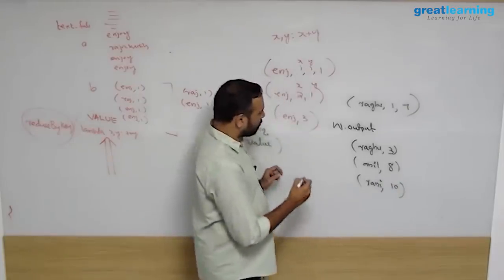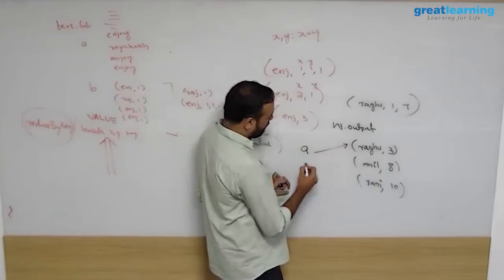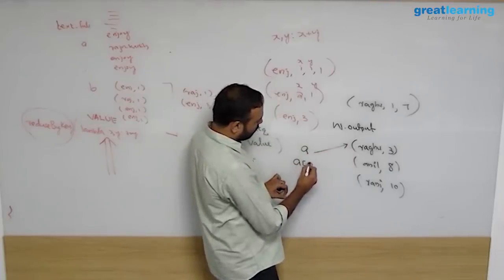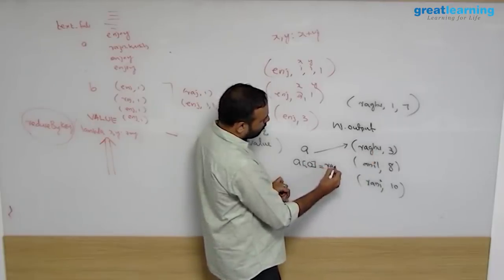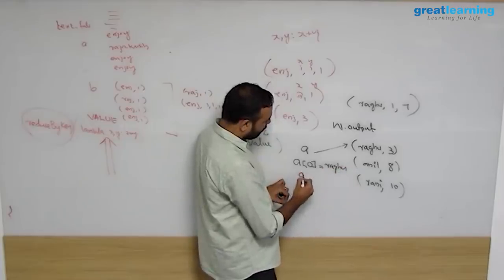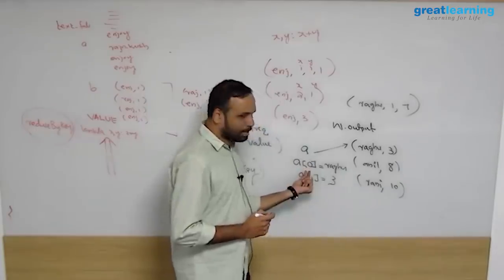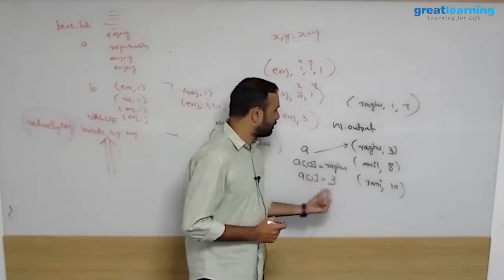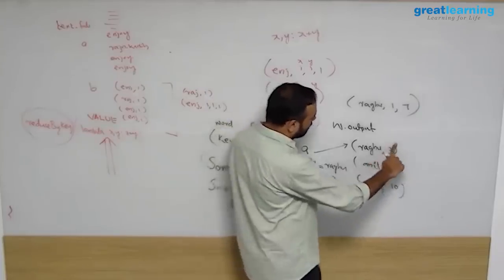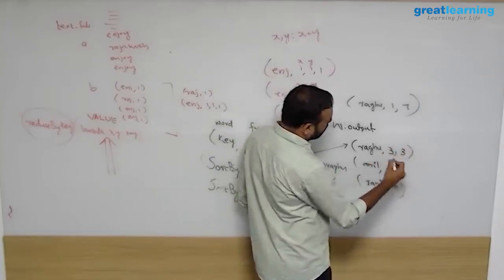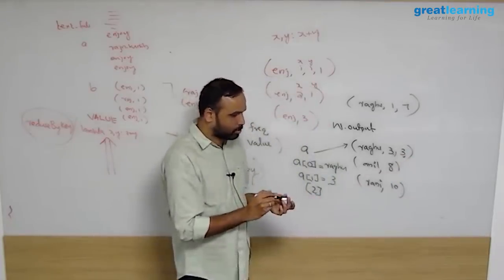When you say A, and when you say A of 0, the first element, that equals Raghu in this case. When you say A of 1, the 0th element is the first one, Raghu, and the first element is the value. If I had one more, I can say 2. If the data was like this and I want to access the third, I'll say A of 2. You can sort based on that also.